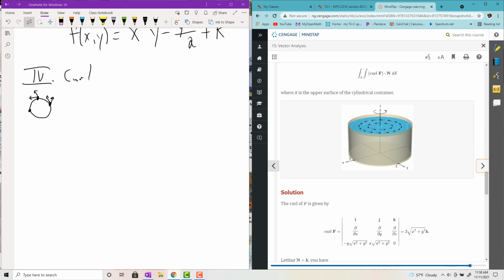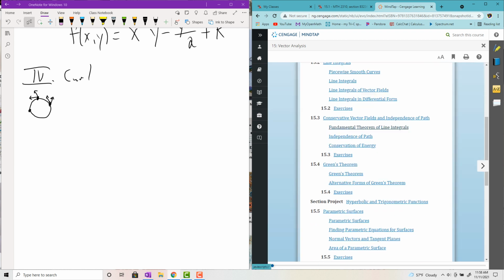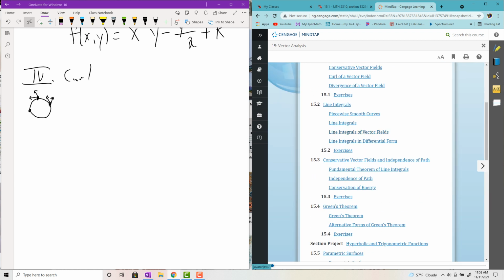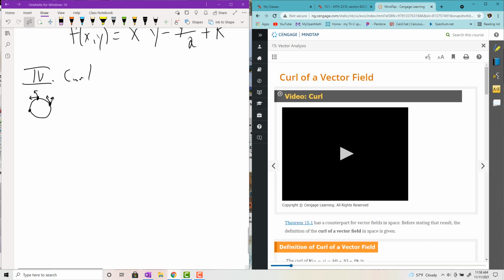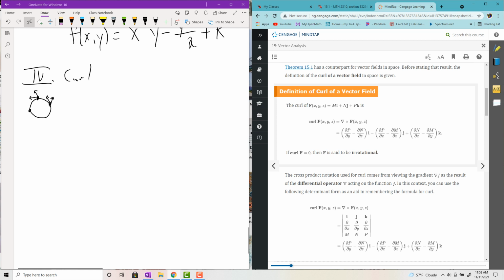So what is this curl operation that we're worried about, regardless of how badly I'm butchering the physical interpretation? It's going to be a cross product type operation. Regardless of the physical interpretation for now, let's just define it.